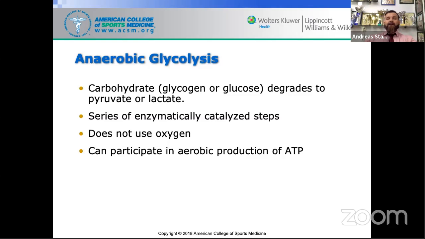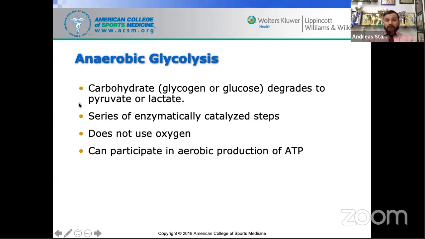It's called anaerobic glycolysis. Here, we need carbs. So from a macronutrient perspective, just carbs. Glycogen or glucose. Glucose is the form of the carbs that we have in our bloodstream right now, and we can just break it down and use it. If we don't use it, we can store it. We store it in the form of glycogen. That's all I want you to know for now. Now, that can degrade to pyruvate or lactate.